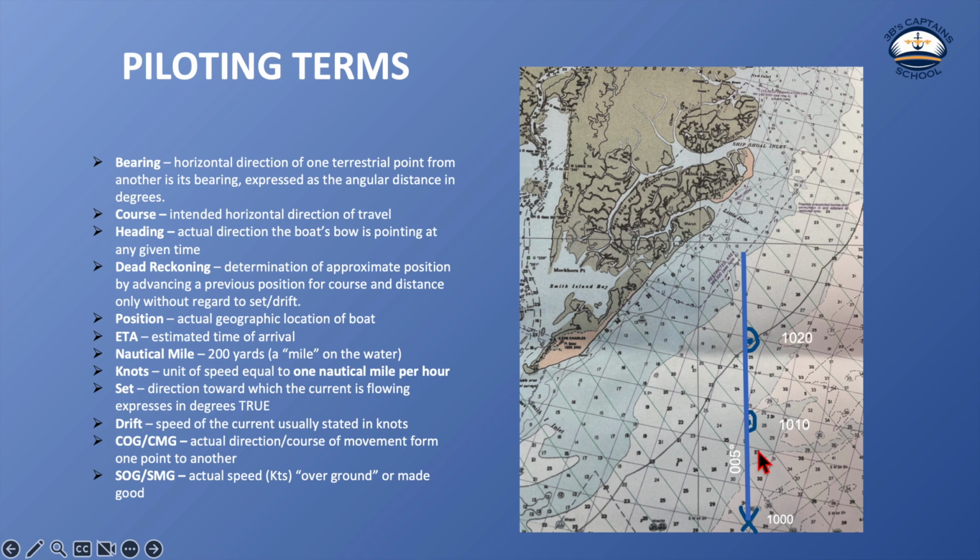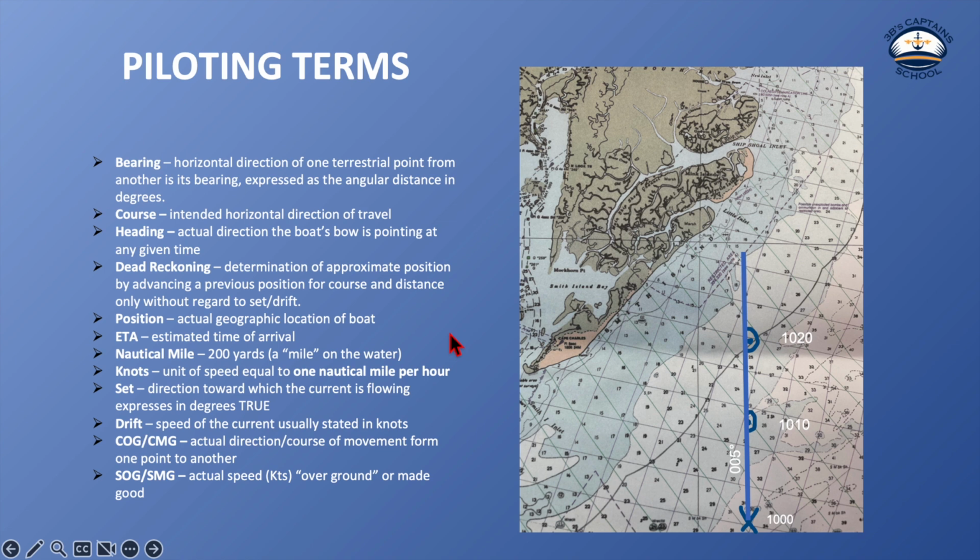And then if I did another 10 minutes, I should be another nautical mile from my 10:10 point. So dead reckoning, I leave a known point, which is this X, at a time on a certain course, which in this case is 005, at a speed, which in this case is 6 knots. So I should be 1 nautical mile along that line at 10 minutes, 2 nautical miles along that line at 20 minutes. That's dead reckoning.